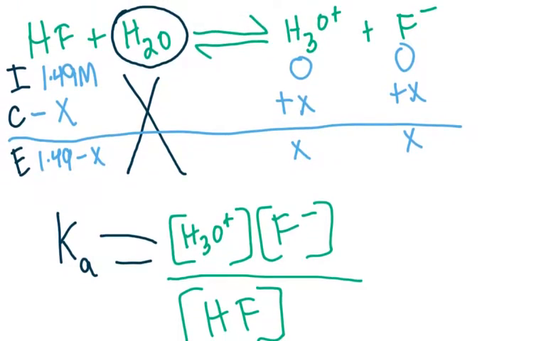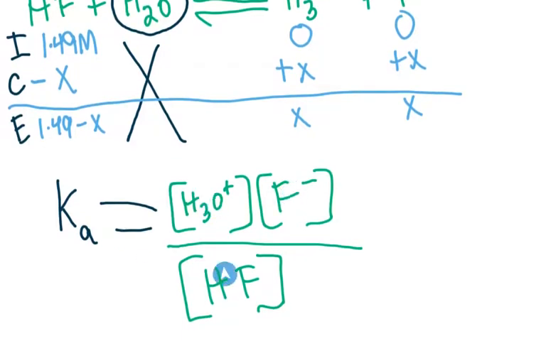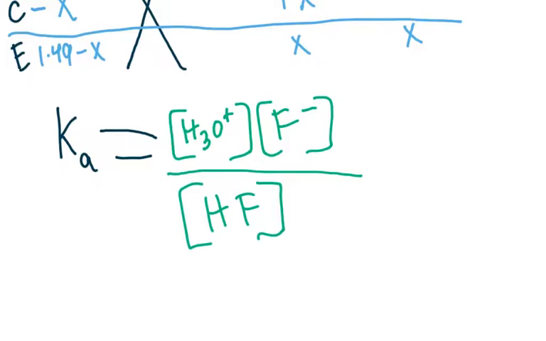Now, what do we put in here? Well, we just found it out. We found out that the concentration for H3O plus is x, the concentration for fluoride anion is x, and the concentration for HF is 1.49 minus x. So let's feed those values into the spaces for our acid dissociation equation.